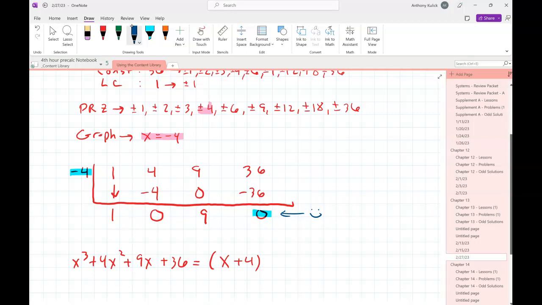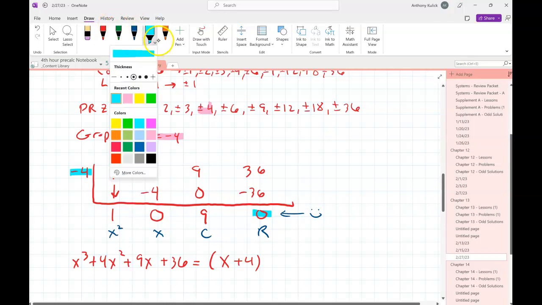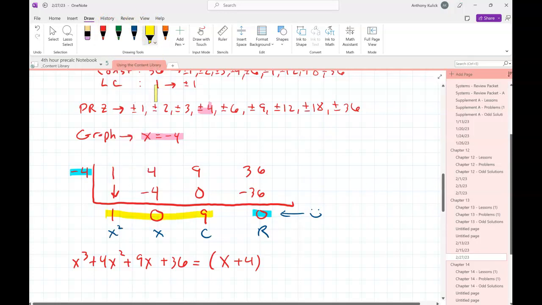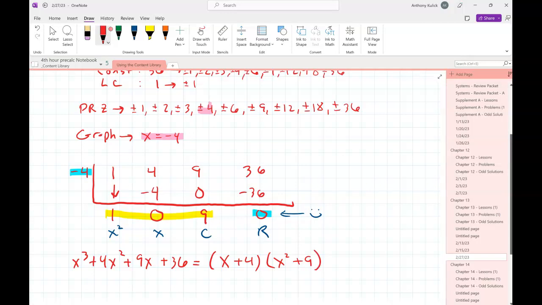Well, we're going to get the other factor from these other numbers at the end of my synthetic division. Remember, this last number is the remainder. It's the constant term, the x coefficient, the x squared. So these numbers give us the other factor.